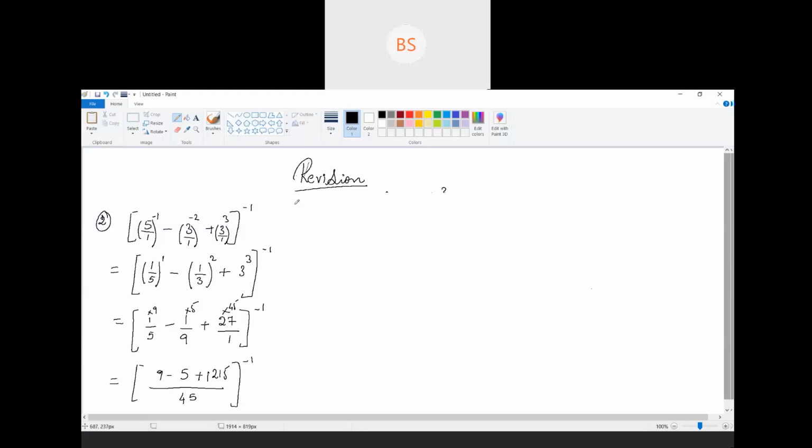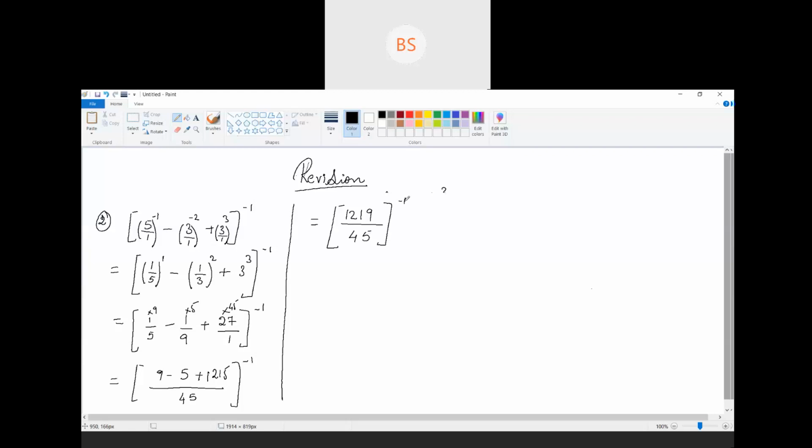So now simplify this. 9 minus 5 will be 4. Then 4 plus 1215 will be 1219 whole divided by 45 raised to minus 1.